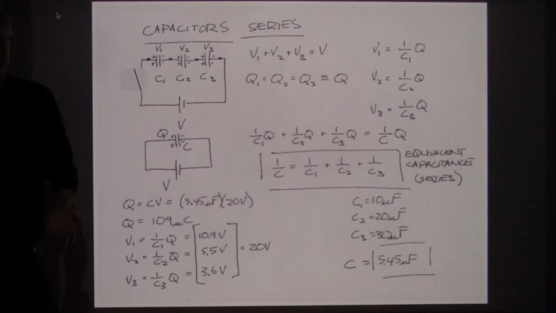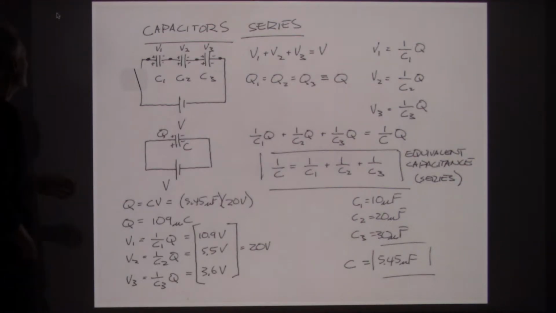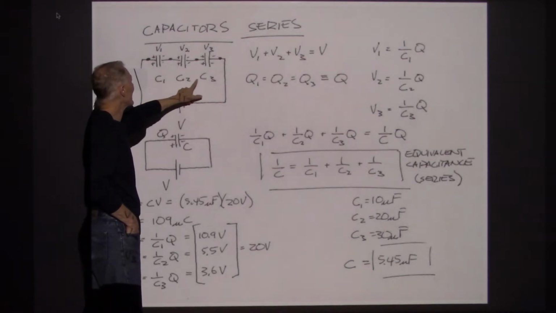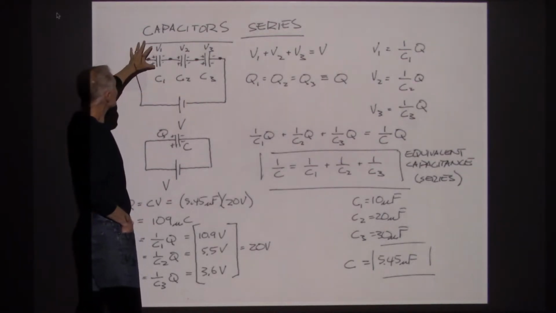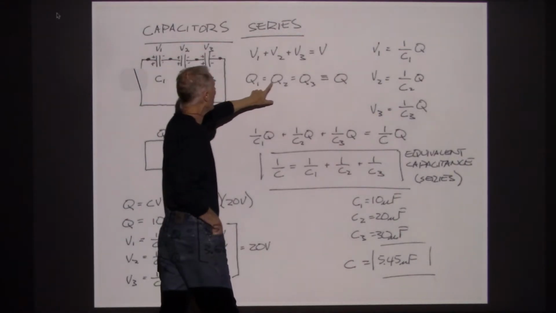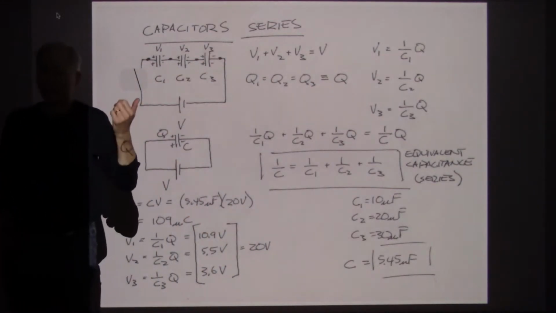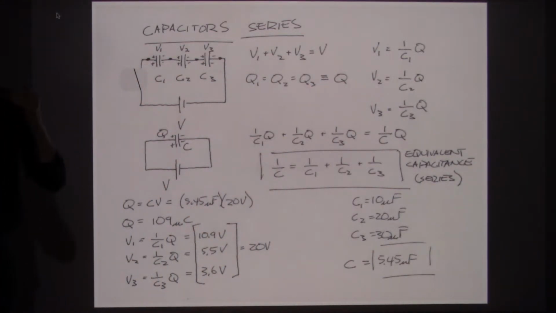Now they could have different rates at which they're charging depending on their properties, as we'll find out in some later chapters. But these are all going to charge together. And because they all have the same current going through them for the same amount of time, they will all acquire the same charge. When we have capacitors in series, they're all going to end up with the same charge, assuming they started out with no charge.